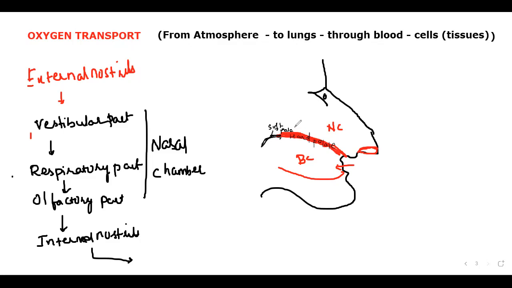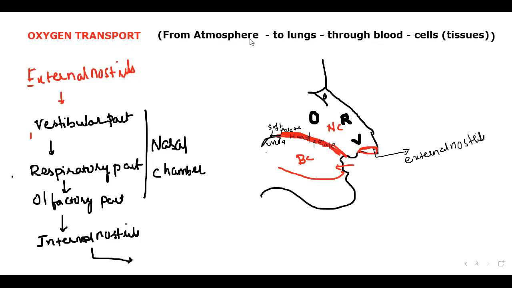We already wrote this in the earlier diagram. What is this hanging part of the soft palate? We call it the uvula. But in the story, we should start from here. These are the external nostrils. External nostrils open into the nasal chamber, which consists of three portions: vestibular, respiratory, and olfactory.